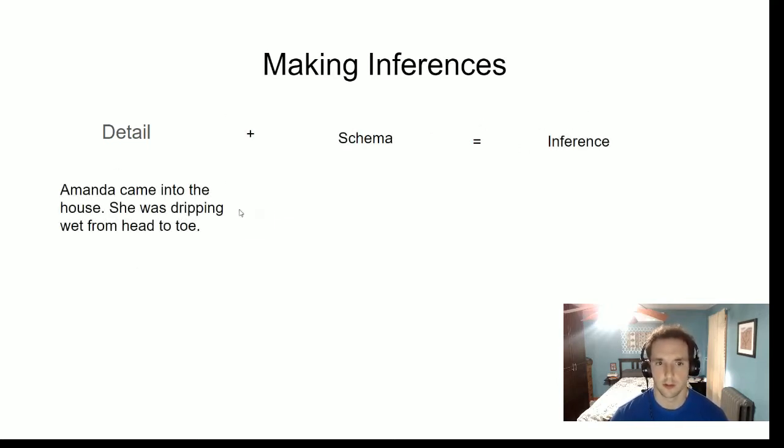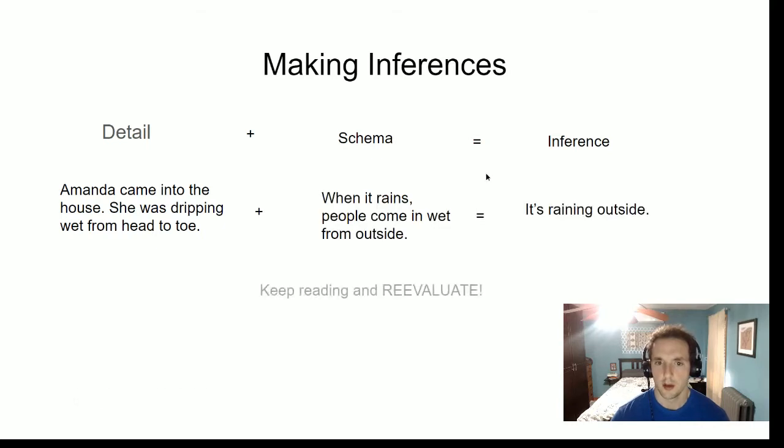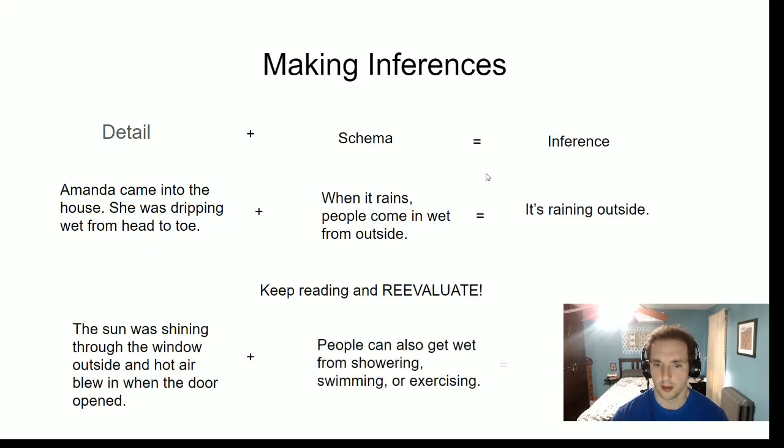I've used this example a bunch of times, but the thing I want to focus on today is this right here: keep reading and reevaluate. What I mean by this is, today a lot of the inferences are going to come from why characters did certain things, and we can only make smart guesses about why they did it if we know what actually is going on in the text, what's happening, who's doing what.